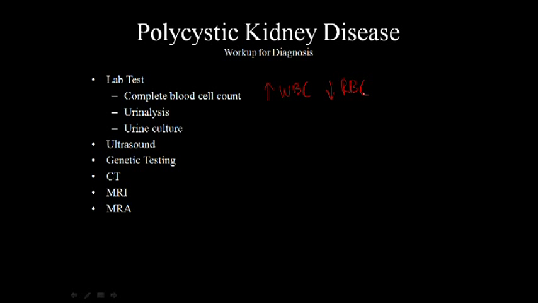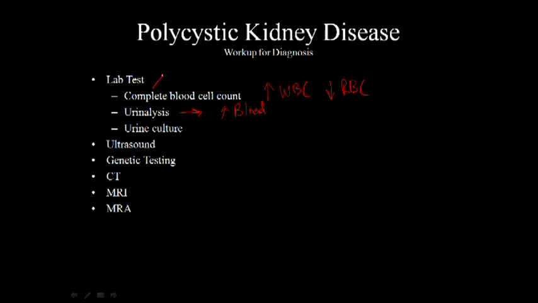It can really demonstrate to you if there is inflammation to be worried about. Urinalysis, that's going to show you what is in the urine. You may see some blood in the urine. You may see some leukocytes too. Urine culture, just to see if there's anything that grows, yielding an inflammation.